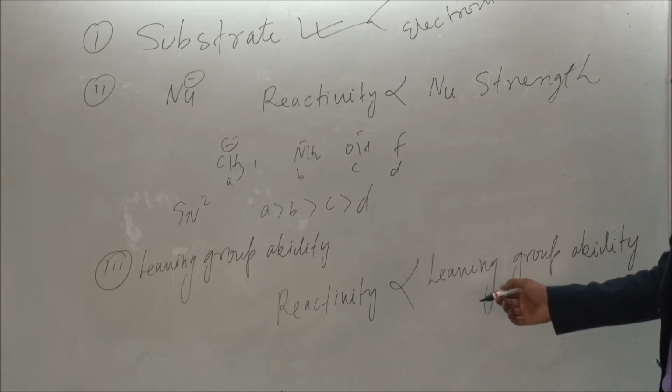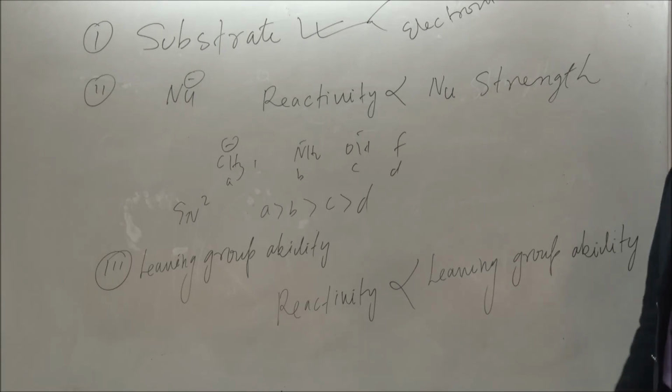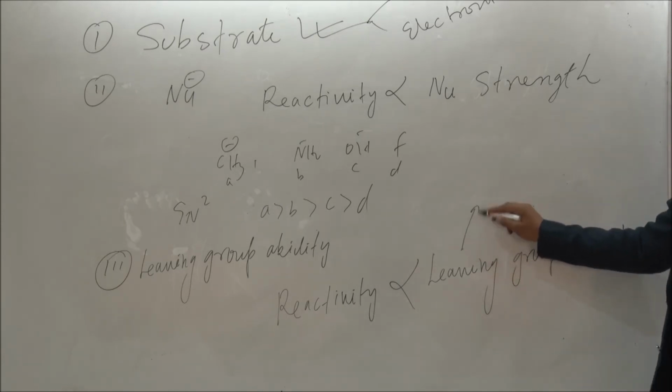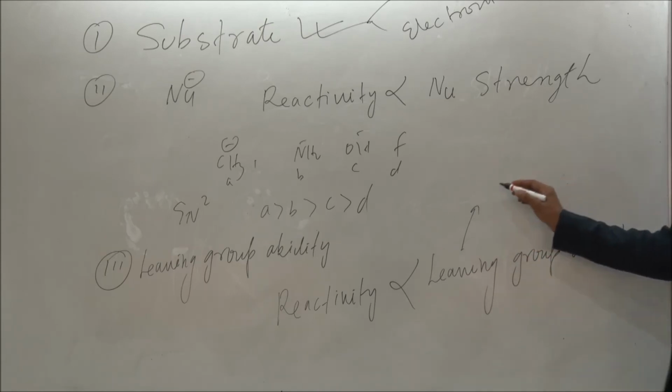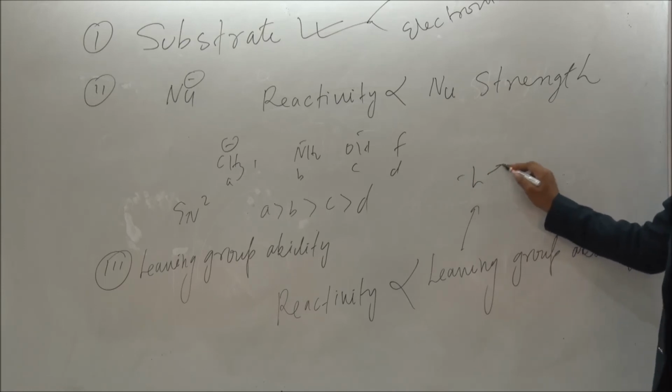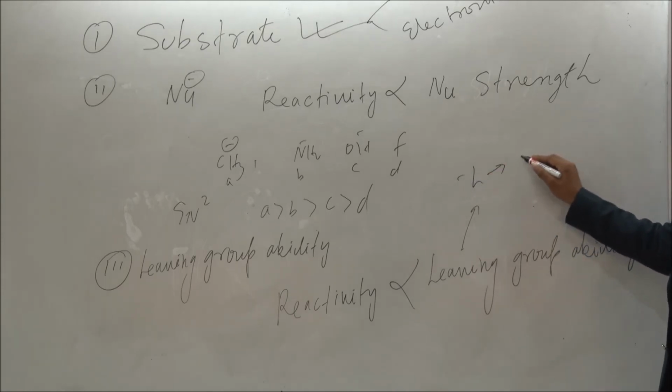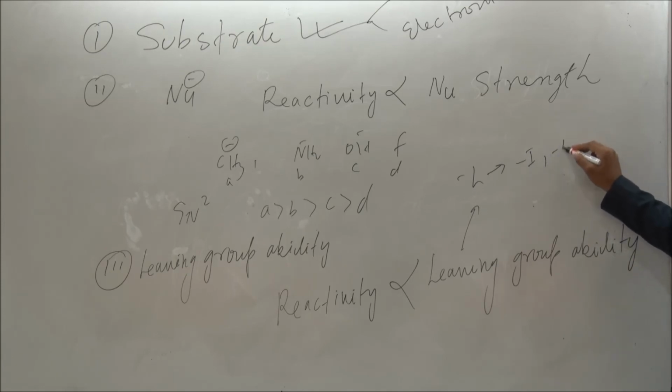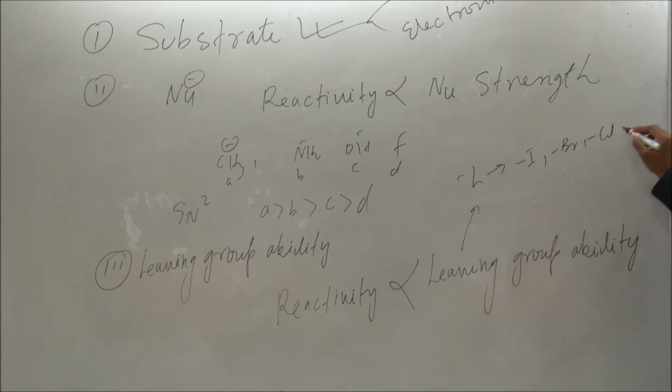So let us take one example. If we have leaving group I, bromine, chlorine and fluorine, what will be the order?